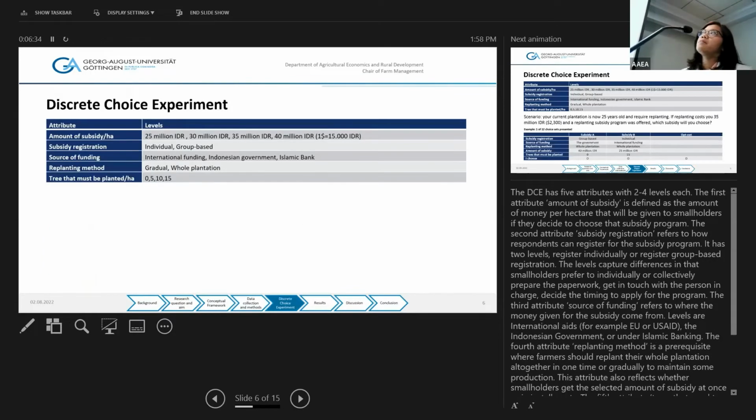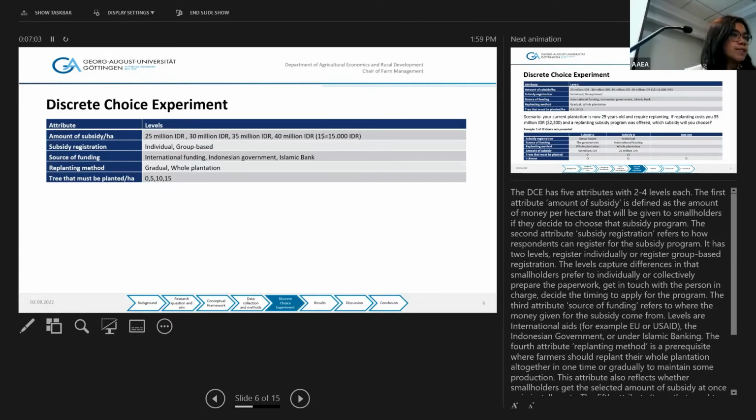So this is the design of the discrete choice experiment. We have 5 attributes relevant for the replanting subsidy program. We selected these attributes first based on the currently available subsidy program, but this study is also hypothetical, so we considered other relevant attributes.